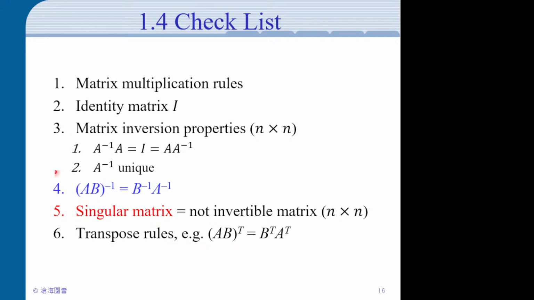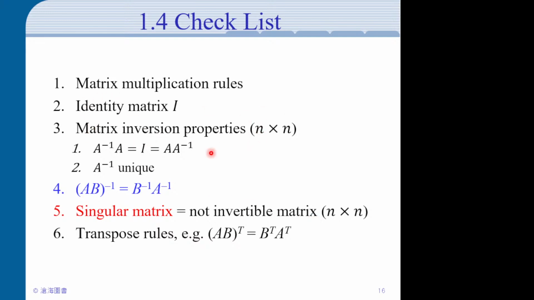So it's only defined on square matrices. We'll say a matrix with an inverse is invertible, and a singular matrix is a non-invertible matrix. Singular is also only for n by n matrices.